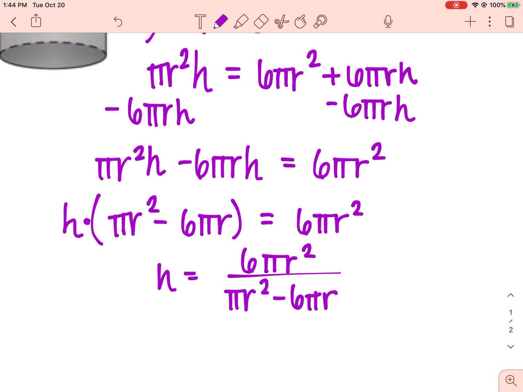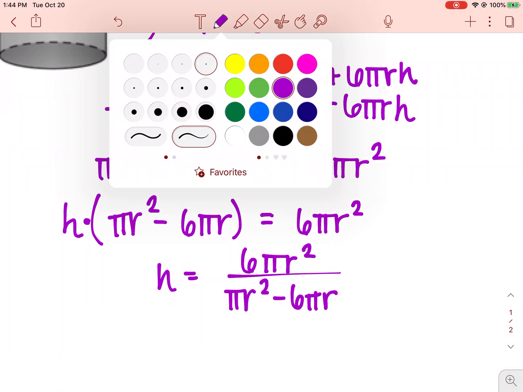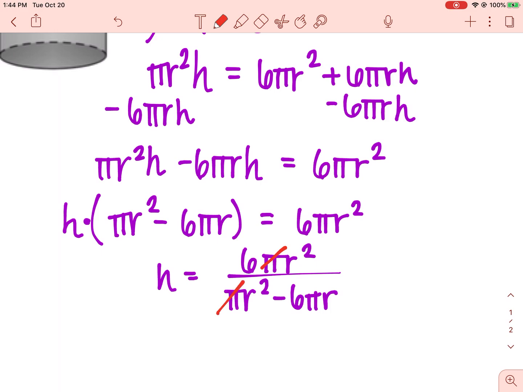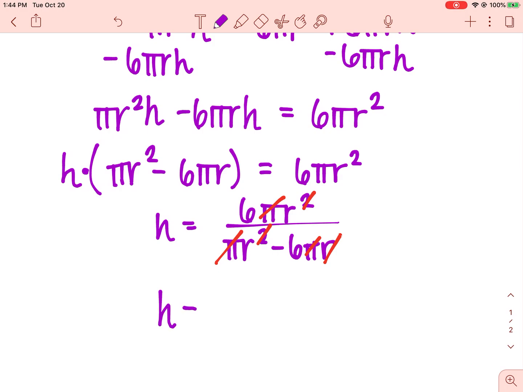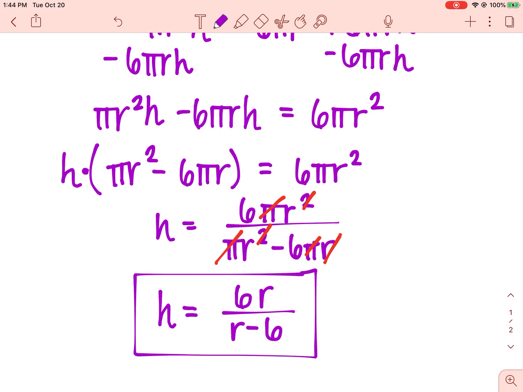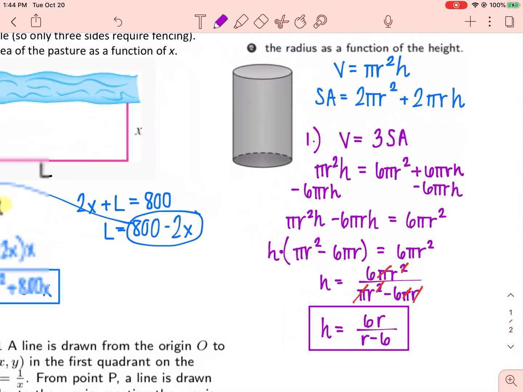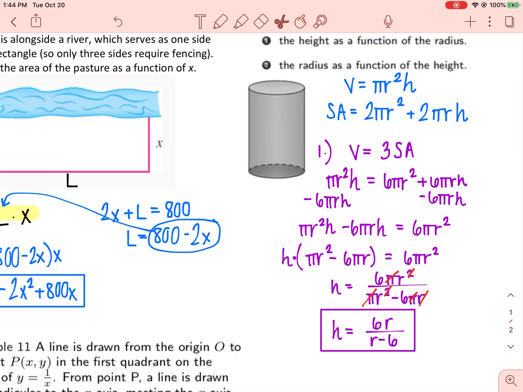Okay, realize there are some things you can cancel from every single term. Notice the pi's can go away from all 3 terms. Notice the r can go away. This r, one of those r's, and one of those r's. So my final answer of height in terms of radius would look like so. Okay, height in terms of radius. That is part 1.